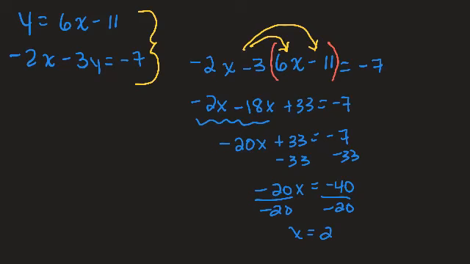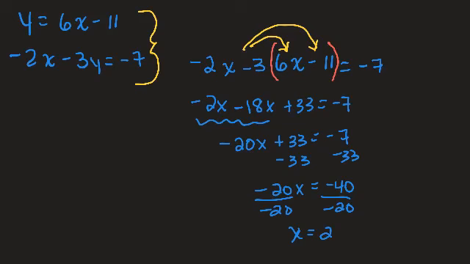Okay, so now what? Are we done? Well, yes, we solved for x, but remember, we're looking for a point on the coordinate plane. And the point on the coordinate plane has two variable spots. It's an ordered pair, an xy ordered pair. And so we found the x value, but we have to find the y value.